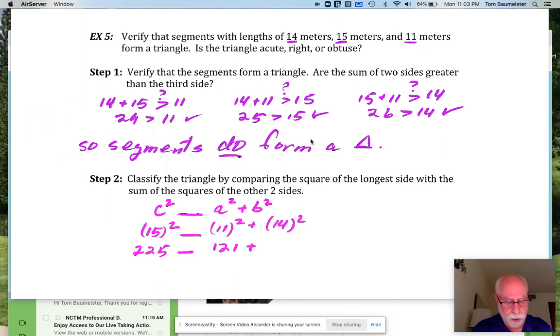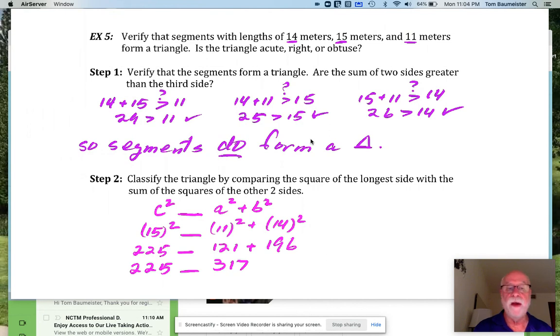And 14 squared, I just told you earlier, was 196. So this side stays the same. And 121 plus 196 is 317.